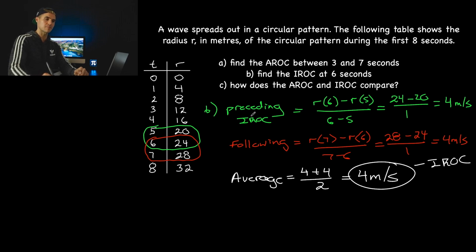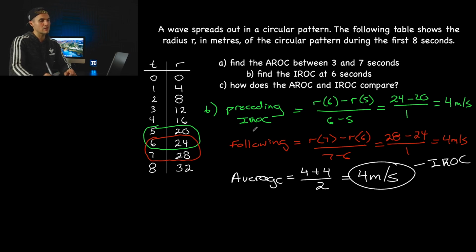Once you get the preceding and following intervals, you just average them out. This average doesn't mean average rate of change. I'm just averaging the preceding and following interval rates to get an approximation for the instantaneous rate of change. It doesn't give us the exact one, but it gives us an approximation. And so we get 4 meters per second.